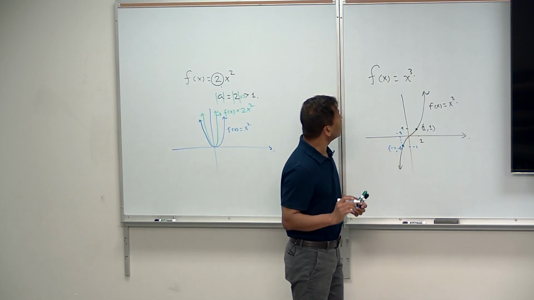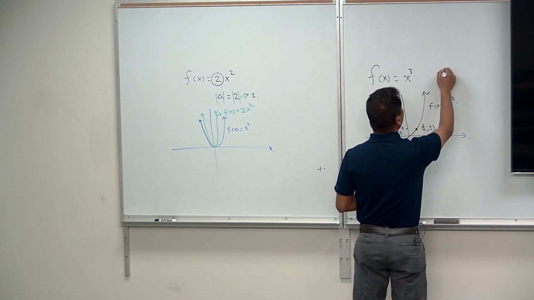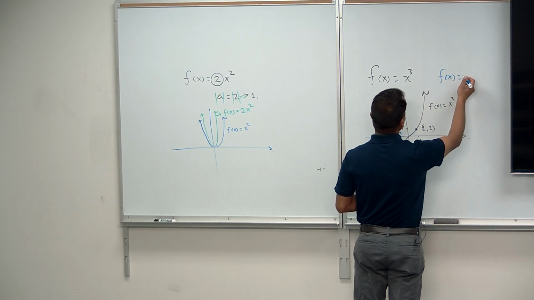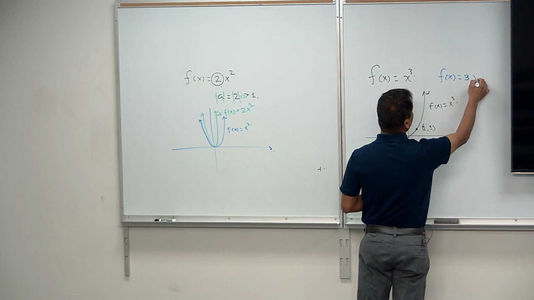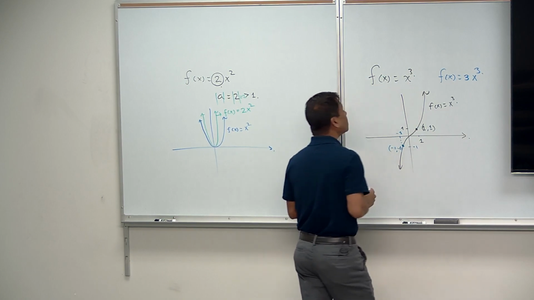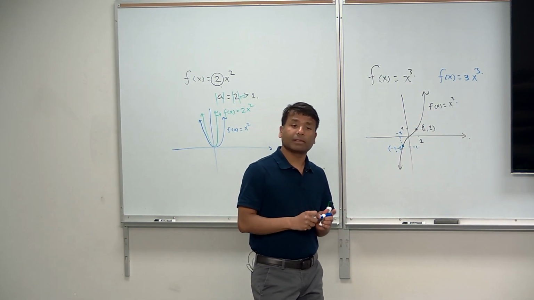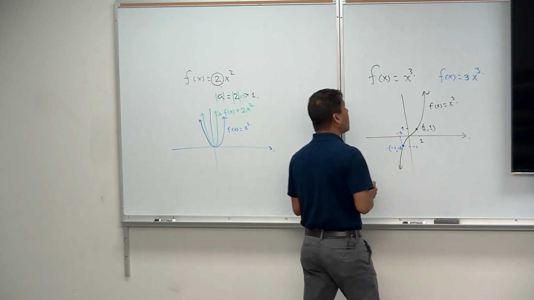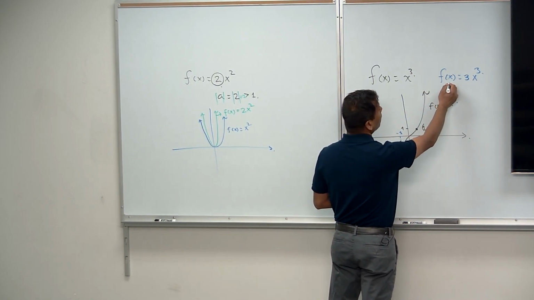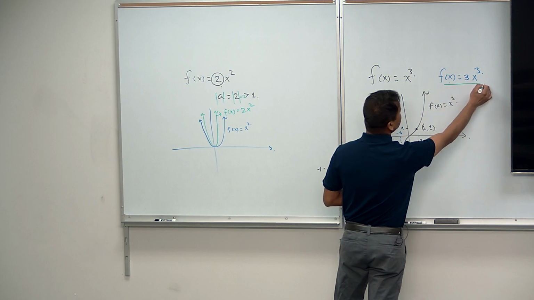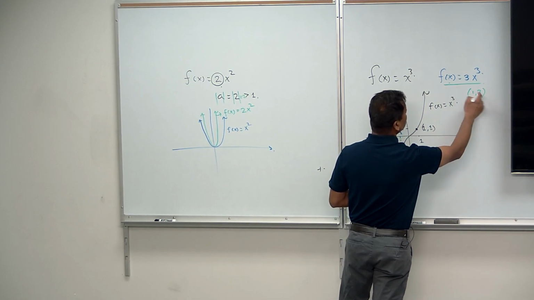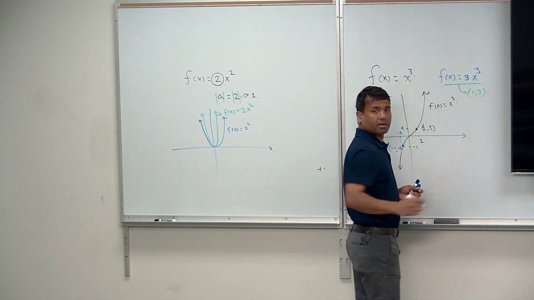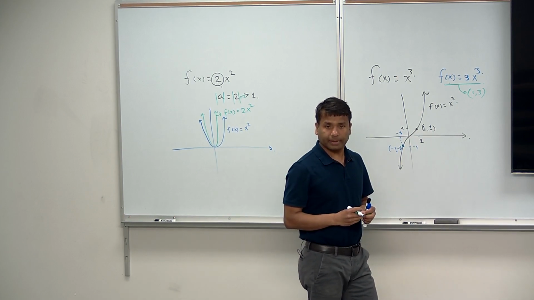But if you want to draw the graph of f(x) equal to, let's say, 3x cubed, what will happen? If I plug in 1, it's going to be 3. So the graph of this function passes through the point (1, 3), right?